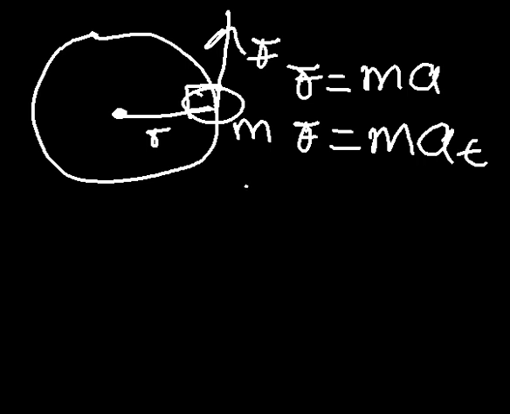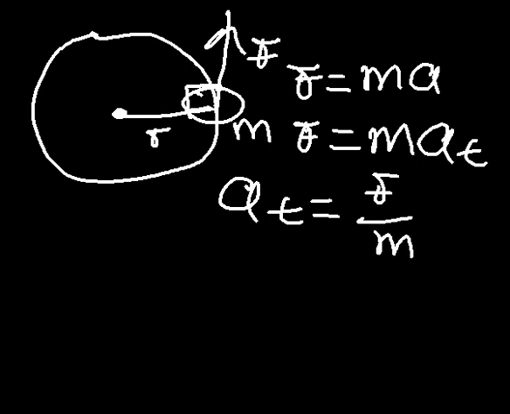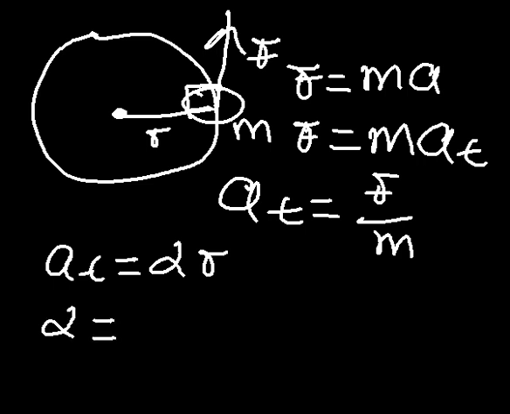Now if we make the tangential acceleration the subject, we'll have the force divided by the mass. Using the concept of rotational kinematics, you should know that the tangential acceleration is given as the angular acceleration times the radius. So the angular acceleration is given as the tangential acceleration divided by the radius.